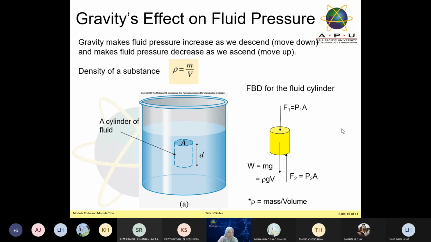So when you drop the object, there is a force from the top and from the bottom. F1 equals P1A, F2 equals P2A. So also you need to use the area as what you did just now. Okay, on top of that, we have weight W equal to mg, equal to rho gV.